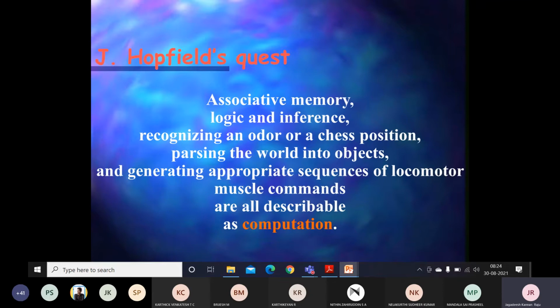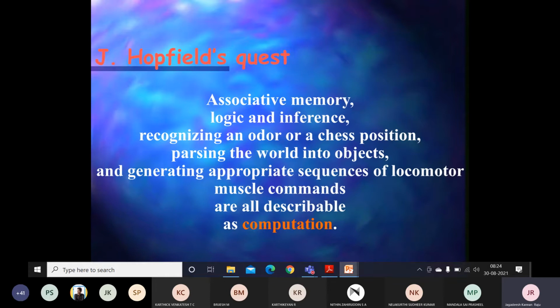Then the next one is parsing the world into objects, like how we segregate different parts of the globe: hilly areas, vegetative areas, city locations, urban locations, village locations. Like that, parsing the world into different objects and generating appropriate sequences of locomotor muscle commands, all describable as a computation.